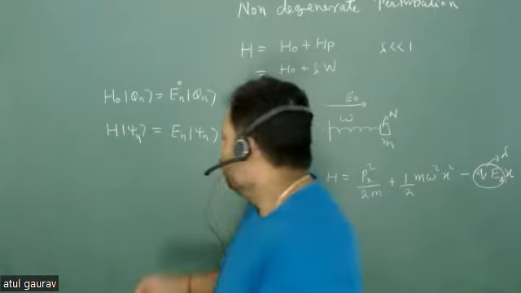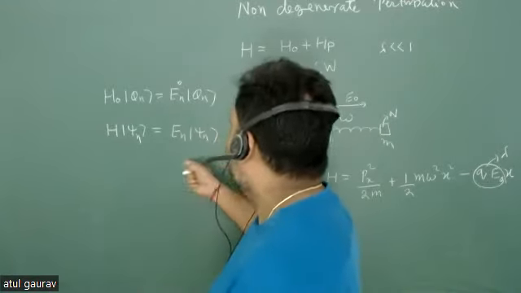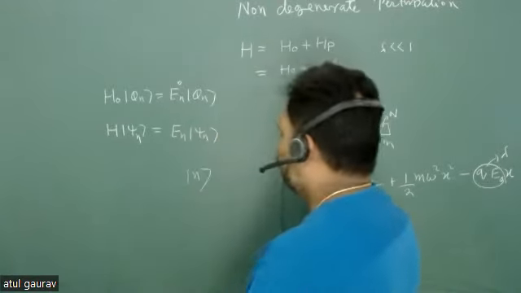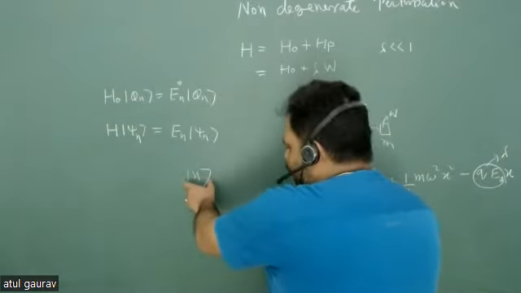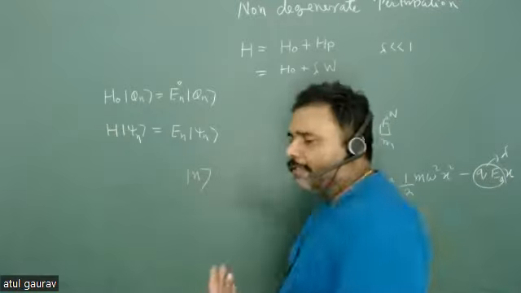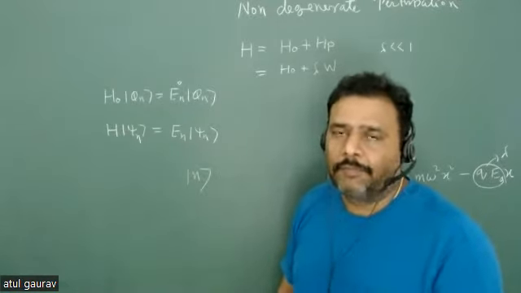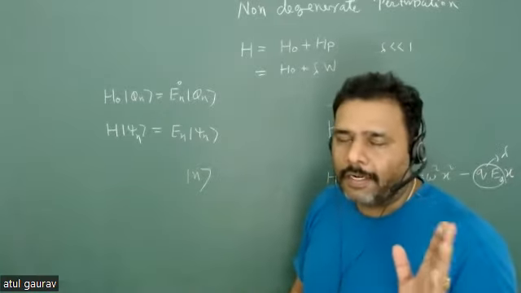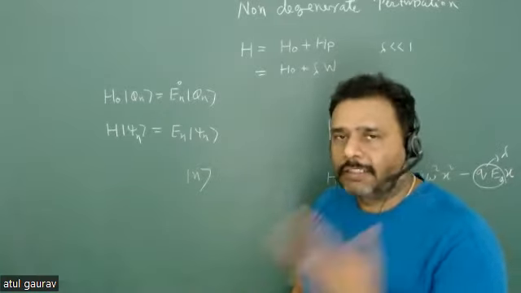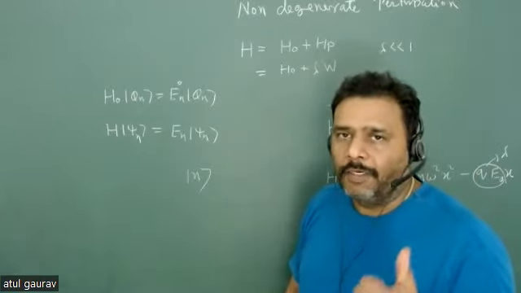That means if we are able to write the solution in a superposition of or as a function of these kets, then obviously we are in a region where my system is just behaving like a harmonic oscillator. Are you getting my point?